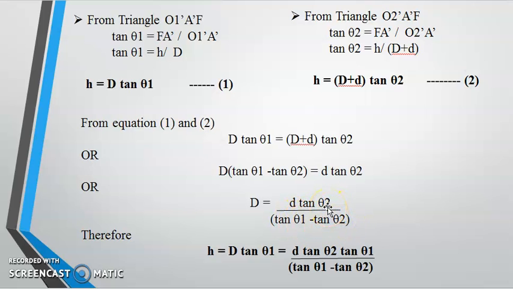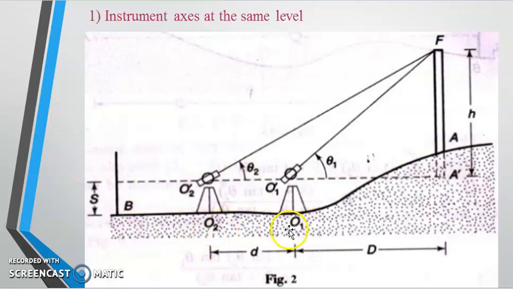Now theta 1 and theta 2 are known to us, as we are going to get them from the transit theodolite. We are going to sight a point F, which is shown in the diagram, and we will get theta 1 and theta 2 from the instrument. Small d can be calculated by measuring the horizontal distance between both the instrument stations.